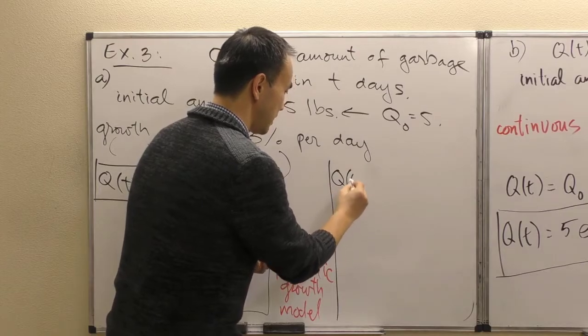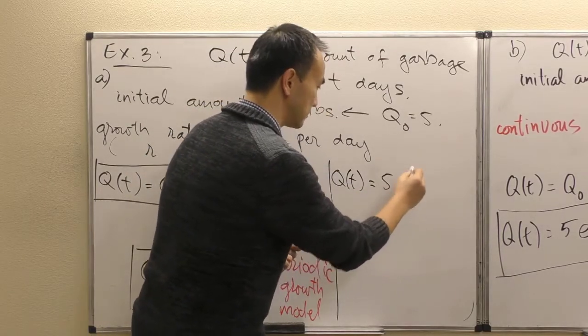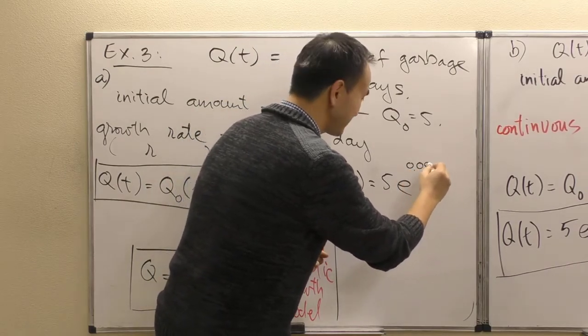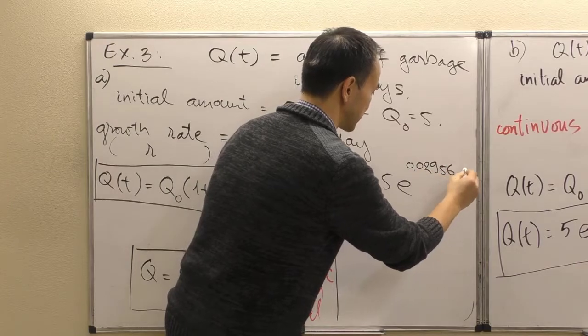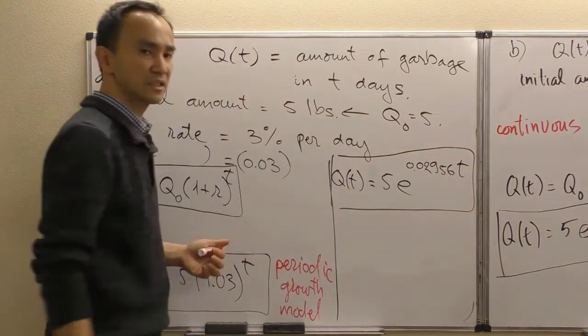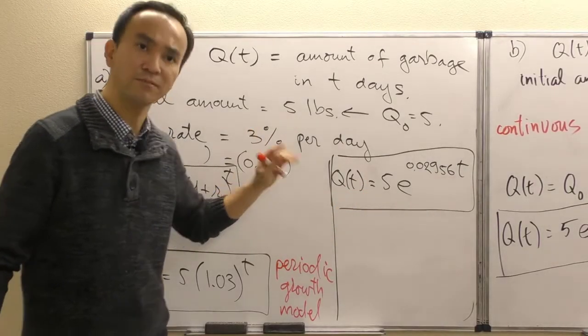Q of t equals 5 times e raised to the power 0.02956 t. That is our continuous growth model, even though it was not part of the problem here.